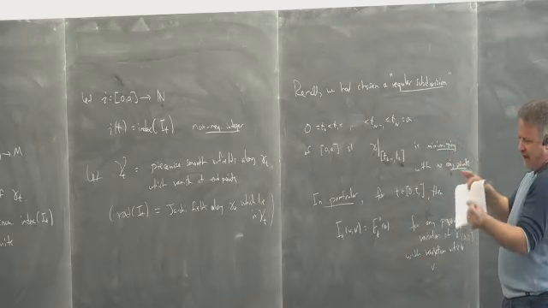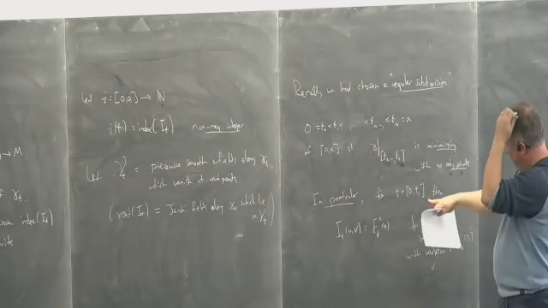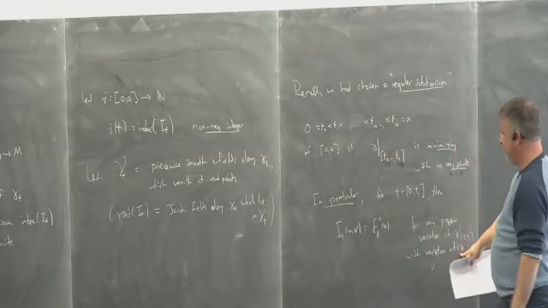And if that vector field vanishes at the two endpoints, then it's a proper variation.